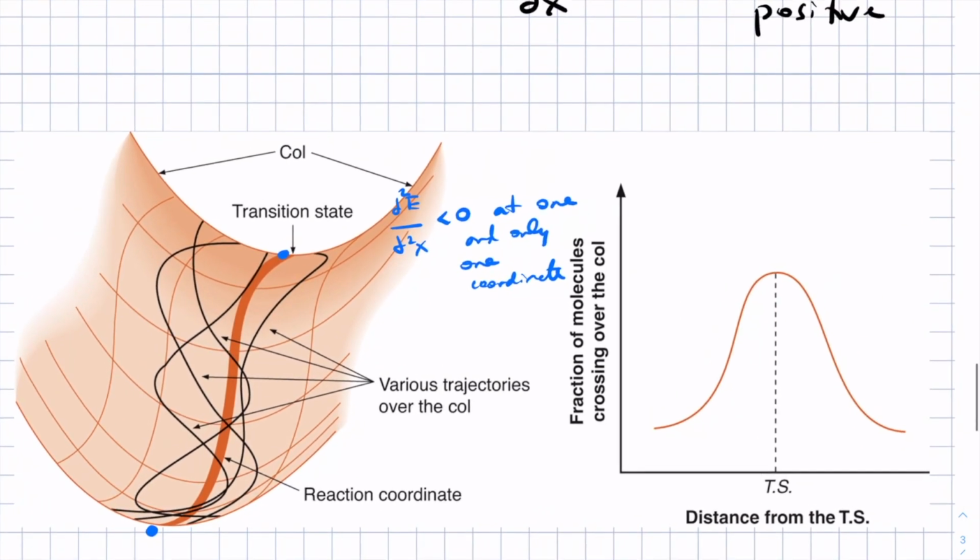And one important theoretical point that chemist Henry Eyring realized was that along this col, whatever it's called, there's a regular distribution of how many particles are here versus here versus here versus here versus here instantaneously, and there's a relationship between their location on this surface and the overall energy.